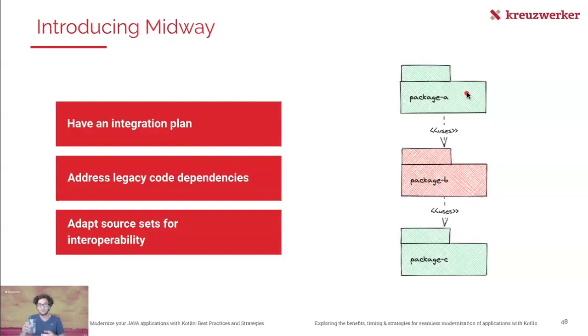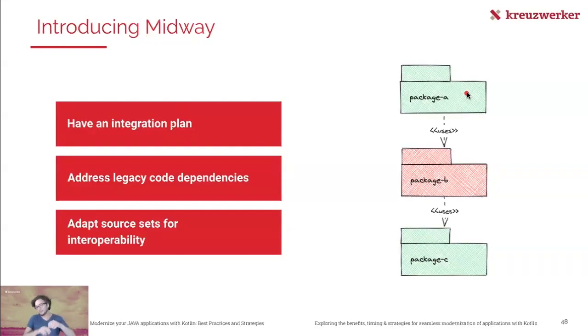So let's have a look at this little package diagram here. We see two green packages and one red, and the one is red because there I would take it with caution, right? Because you have this package depends on something else, and something else depends on this package.